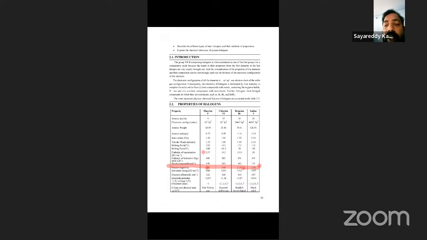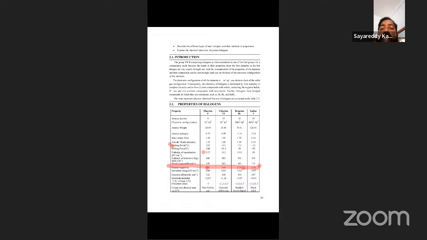Next, the melting and boiling points. Fluorine melts at minus 220 degrees and boils at minus 188, so both are negative. Chlorine is minus 101 and minus 34.5. Bromine melts at minus 7.3 degrees, and the boiling point is 59.